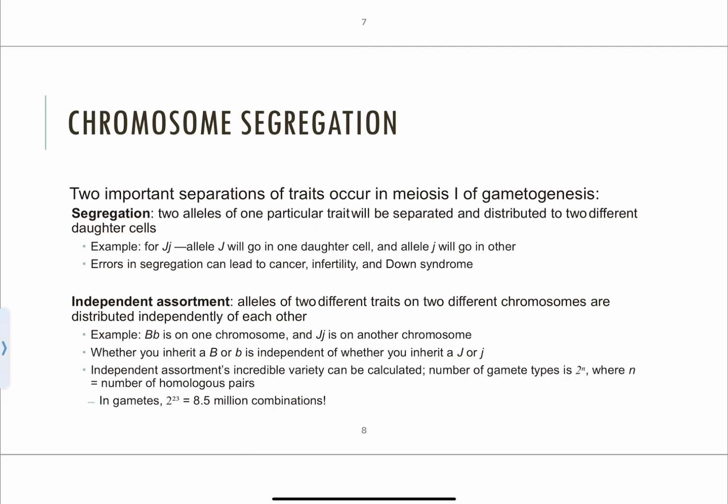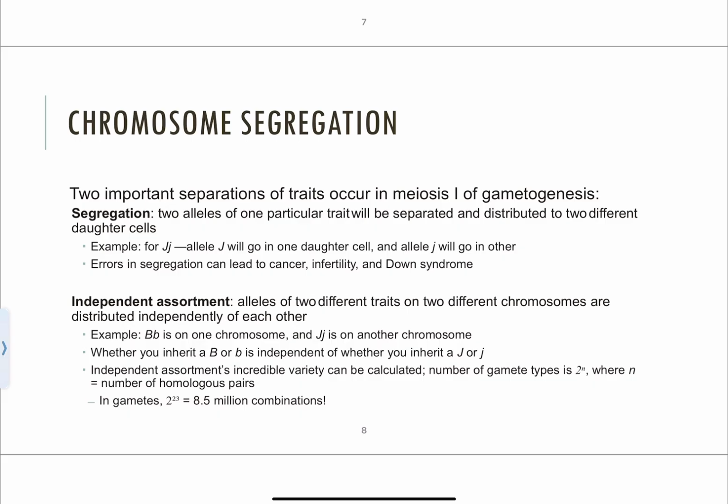So if, for example, we had a dominant allele and a recessive allele on one chromosome, and then we have a completely different trait, so a capital J and lowercase j on another chromosome, their assortment into daughter cells is independent of each other. It's not relying on another allele to go into a daughter cell in order for that particular allele to go into a daughter cell.